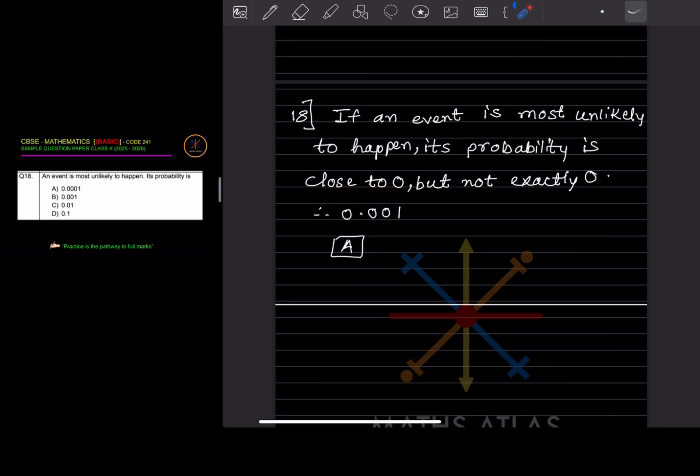The options given are 0.0001, 0.001, 0.01 and 0.1. So we have to look at which option is most unlikely to happen. So the option is E.